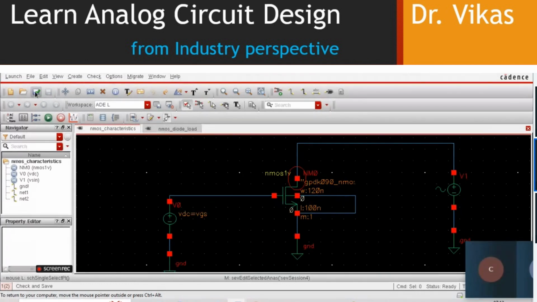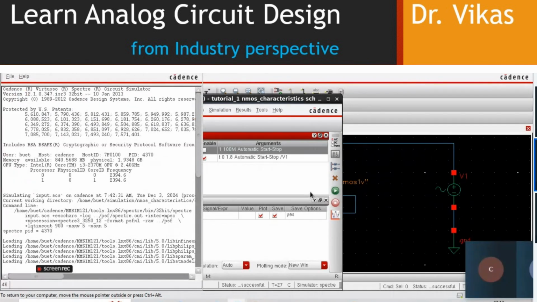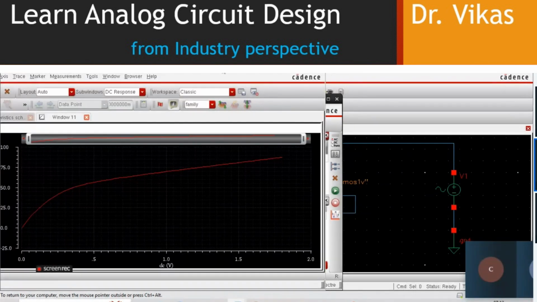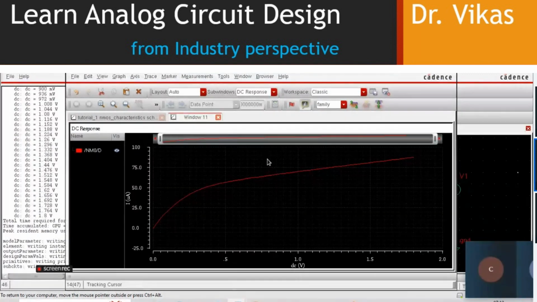With the DC analysis, you're going to get the pure characterization. So I'll disable the AC analysis over here and run it. That's the difference. Here we get the graph of ID versus VDS.